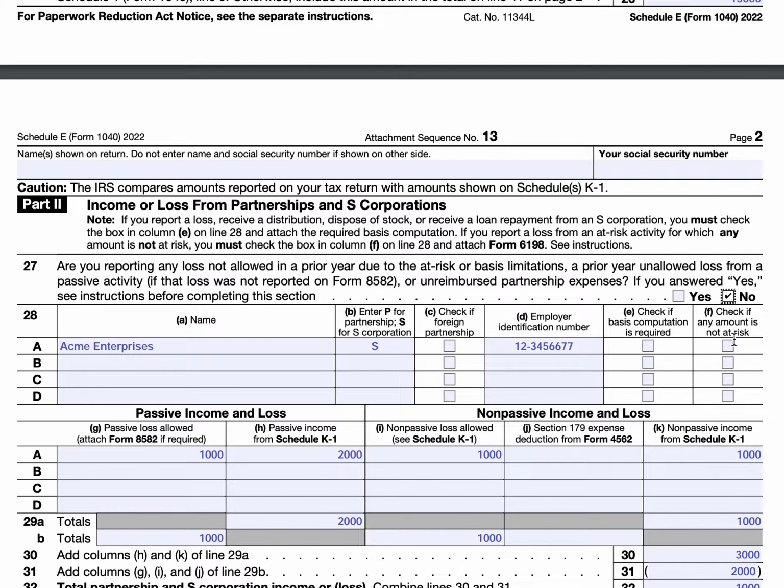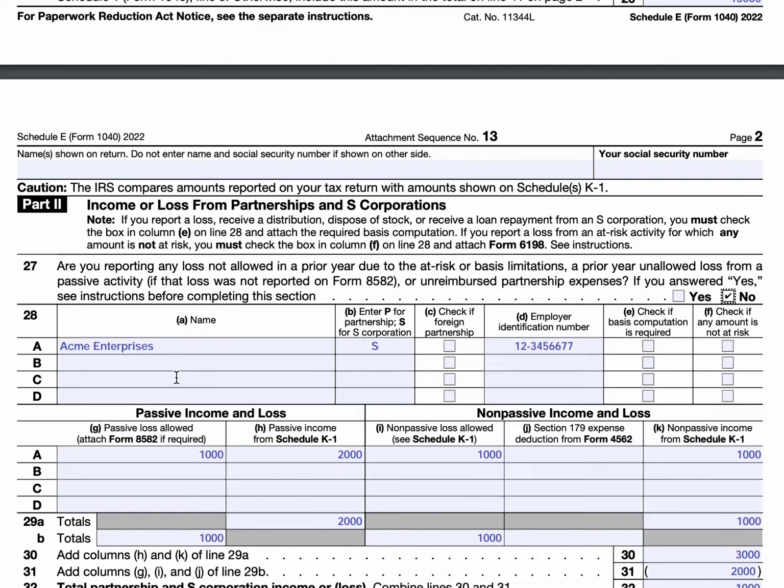If you had losses that weren't allowed in a prior tax year due to basis or at-risk rules, you would enter your total unallowed losses that are now deductible on a separate line in column I. So right here. Then you would put PYA in the name column of the same line.